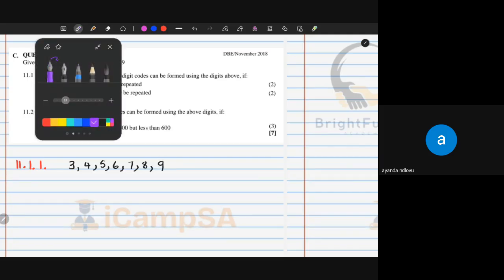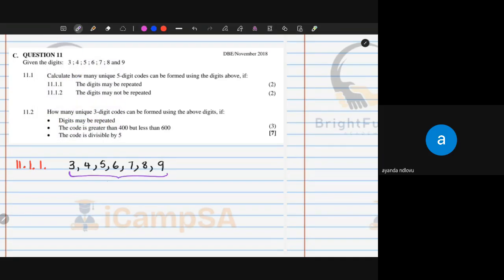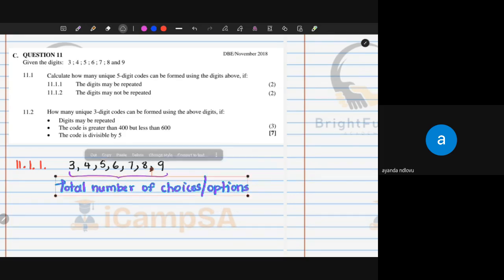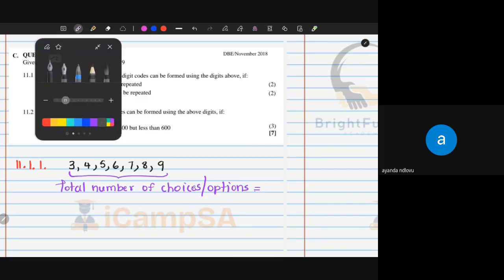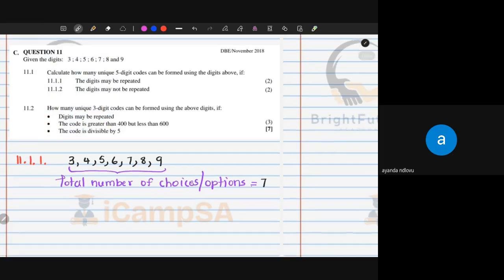So this is the total number of choices or options. If you look carefully, that total number is equal to 7. So we are choosing from 7 numbers, isn't it, guys?